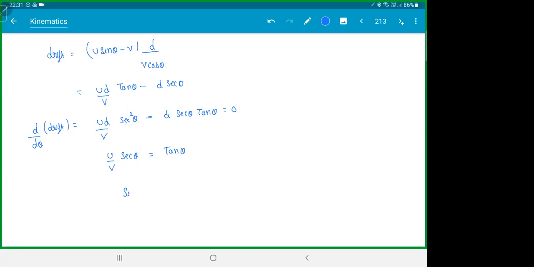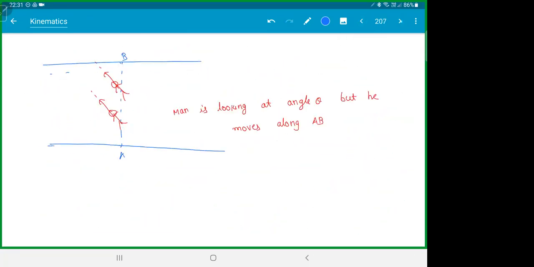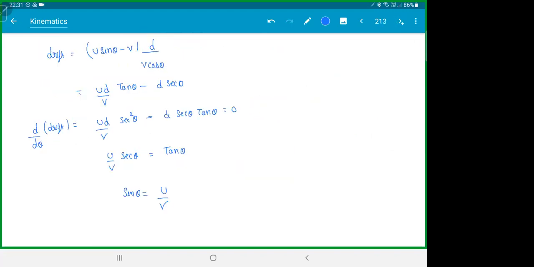We got a pretty nice answer actually. Sin theta is u by v. Be careful. Case 1, sin theta, I wrote wrong. Sin theta is v by u. One sec, we'll cancel this sin by cos. Somewhere I went wrong with the differentiation, I guess.